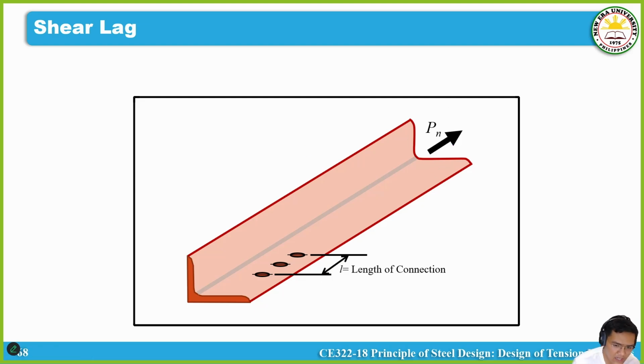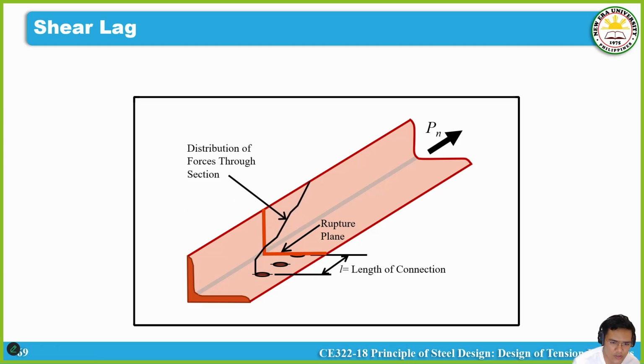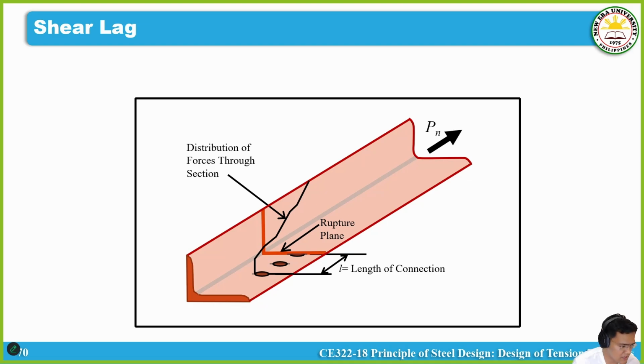So, ang assumption natin dito, consider for example na ito yung magiging rupture plane natin. Dito siya mag-rupture or mag-fracture. We would have the distribution of forces through this section only. Itong gray shaded area na yan actually yung diyan ma-distribute yung mga forces onto this section.